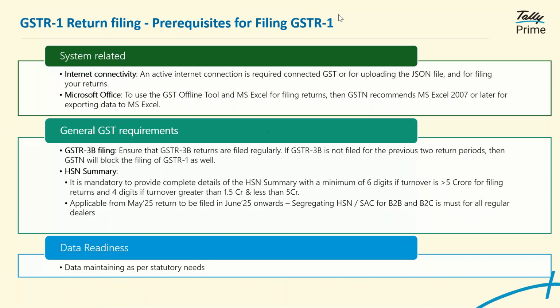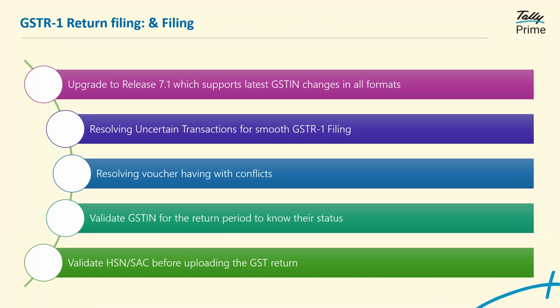Then moving on to a pre-checklist, that is, keeping up with the latest changes. That is what this slide is about. Coming to the first point, that is upgrade to release 7.1. That is what we suggest to the customers or whoever is on Tally: please come to the latest release.